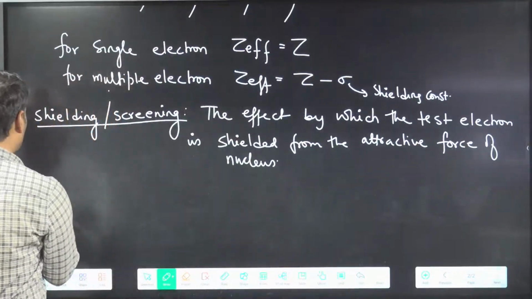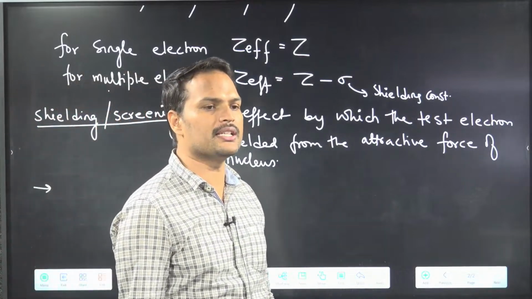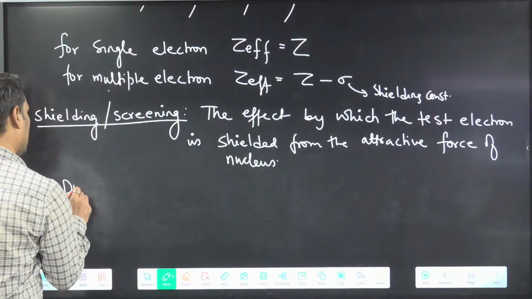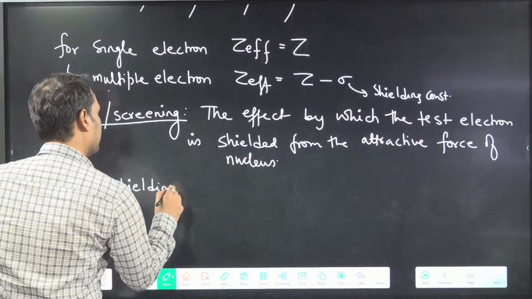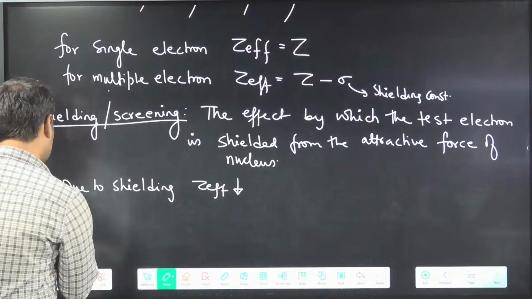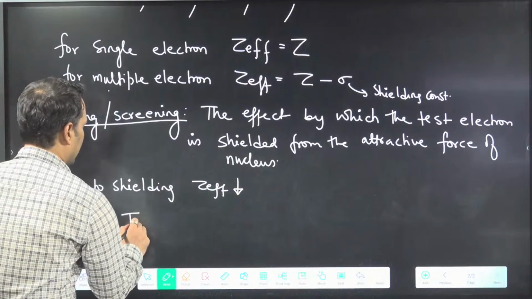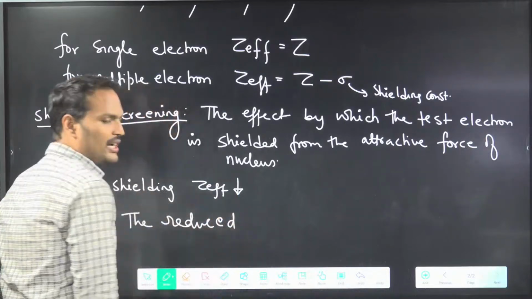Due to shielding effect, what is happening? Effective nuclear charge is less. Okay, due to shielding Z effective decreases. Now the question is, what is Z effective then? You can say the reduced nuclear charge. What is Z effective?